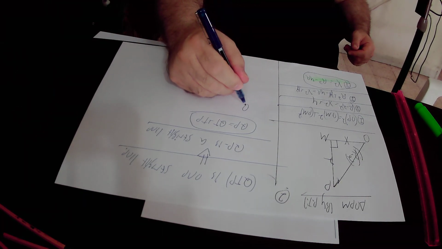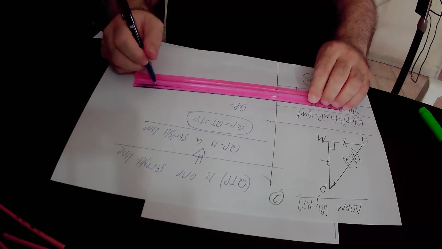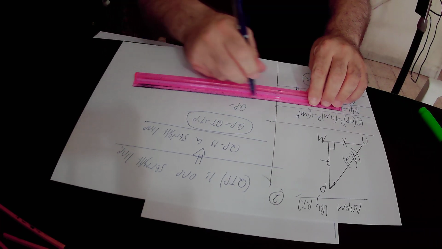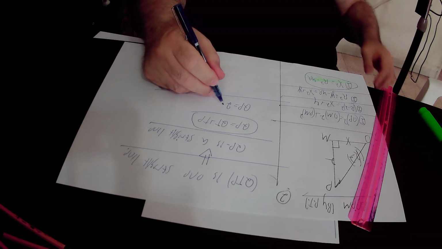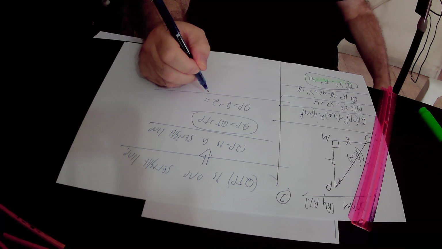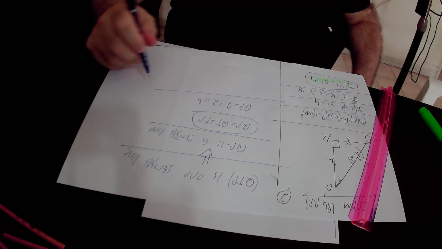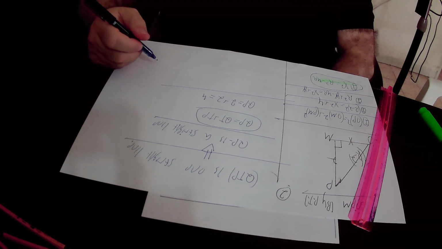So, here, we get that QP equals QT plus TP. We just found out that QT equals 2 units, and we also found out that TP equals 2 units. So, in conclusion, QP equals 2 plus 2, that is 4.